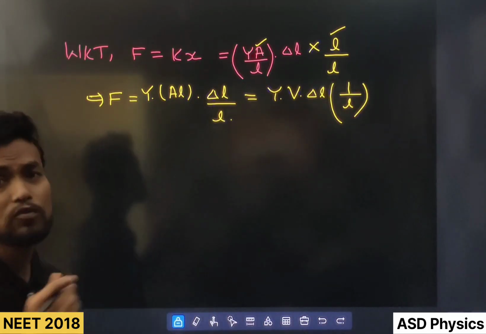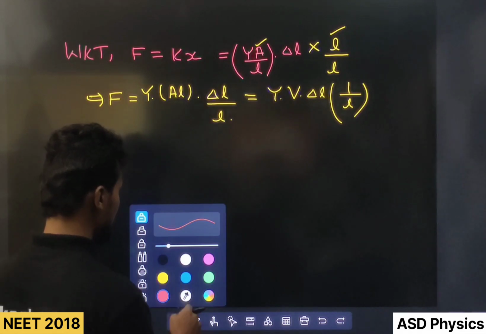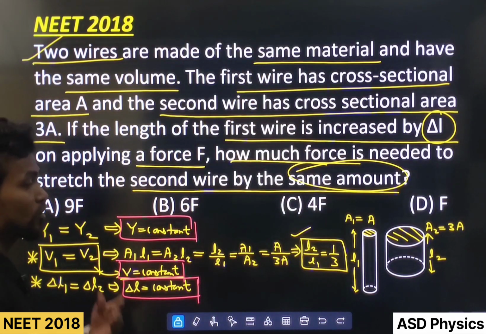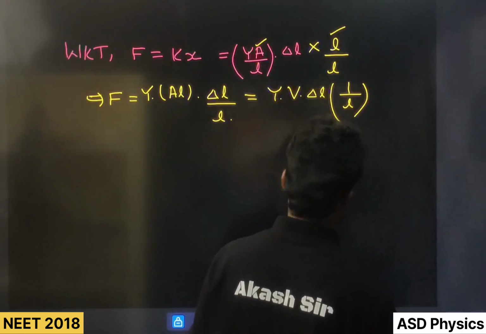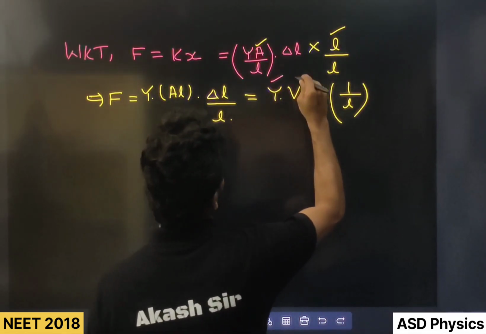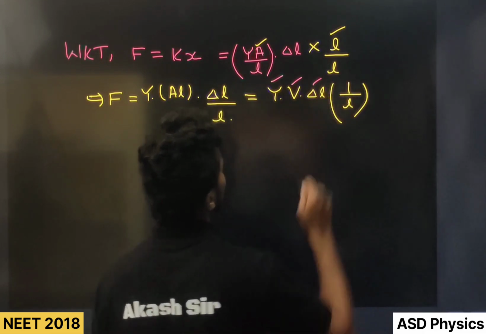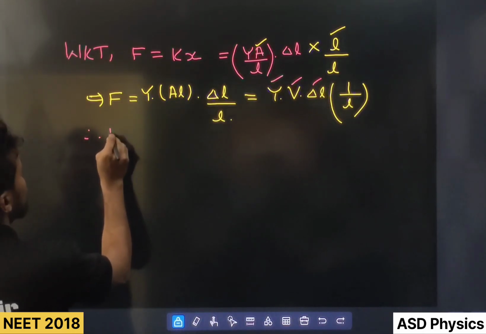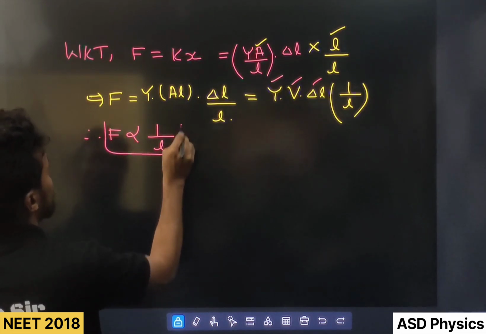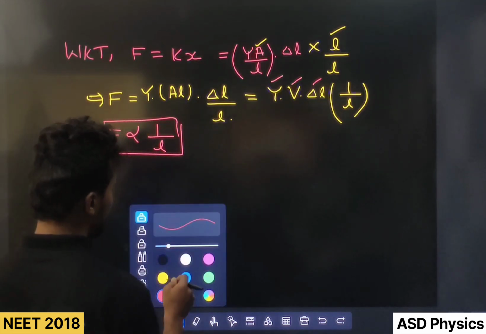If you see backside, Young's modulus is constant, volume is constant, delta L is also constant. That means F is inversely proportional to L squared. We have got a very simple relation.